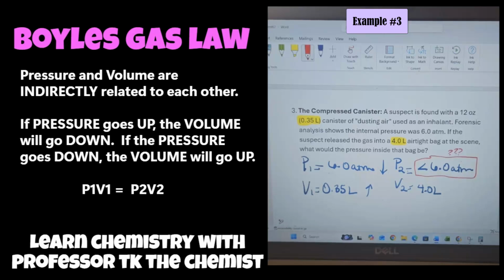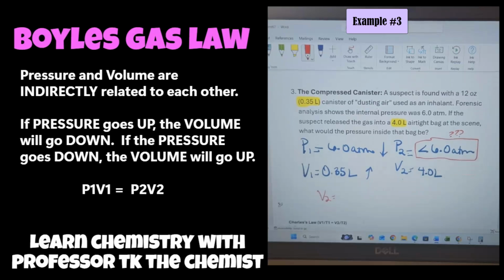So with that being said, let's go ahead and solve for V2. The formula for V2 is P1 times V1 divided by P2. All right.